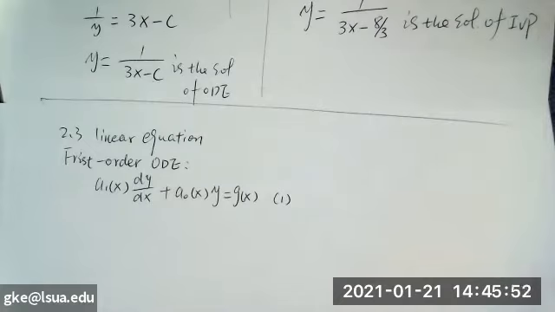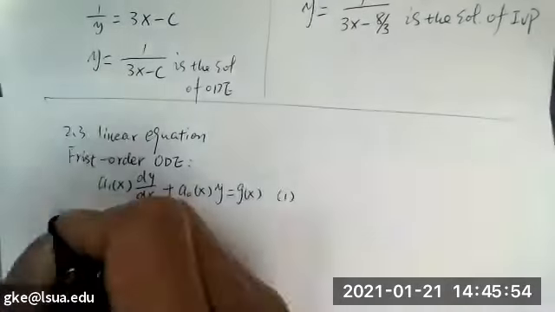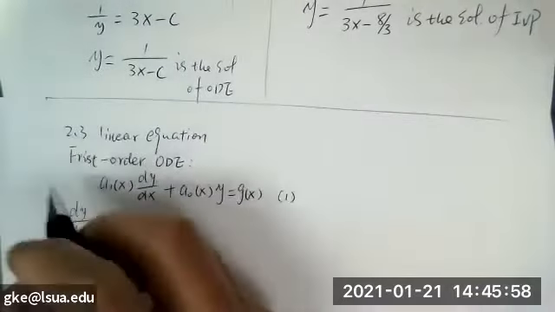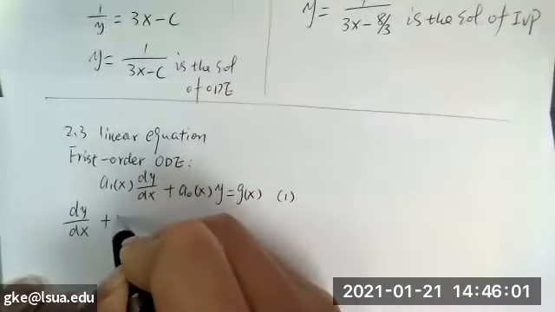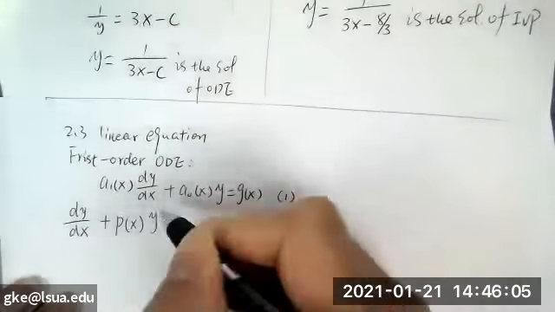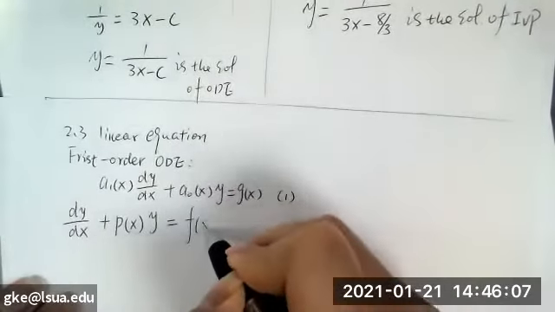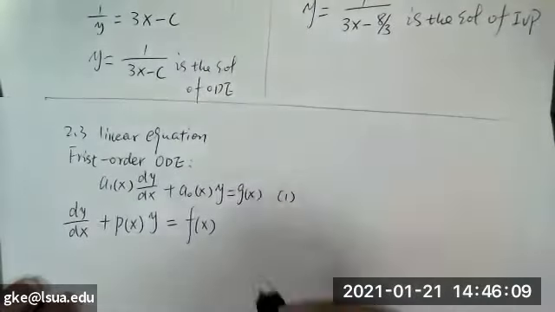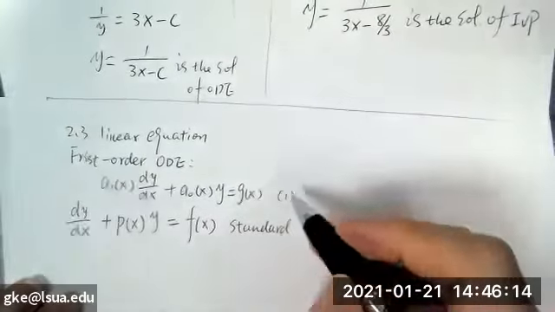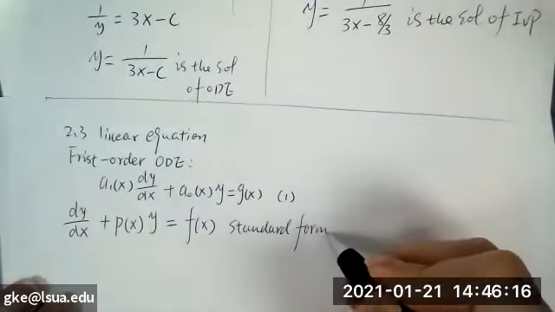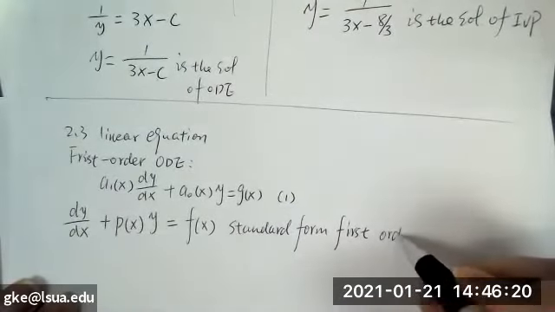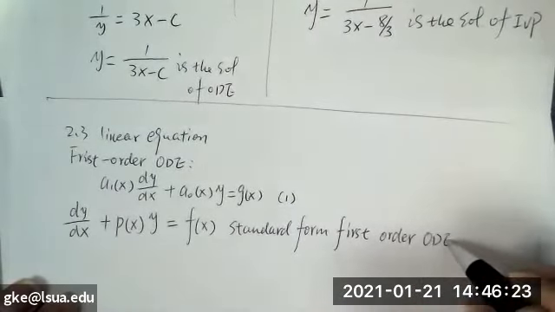What is standard form? Let's take a look. dy over dx plus p(x) y equals f(x). And we call this standard form first order ODE.